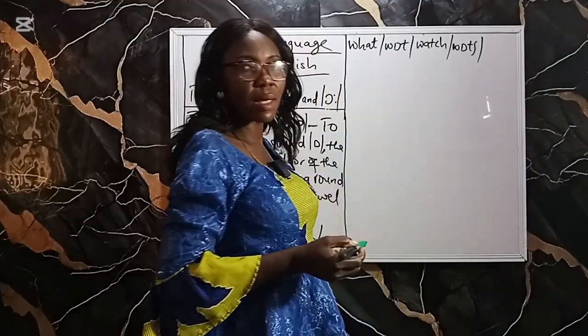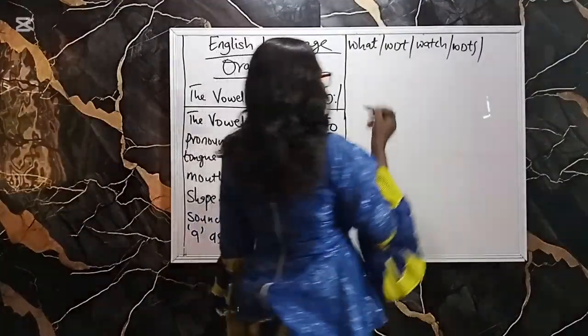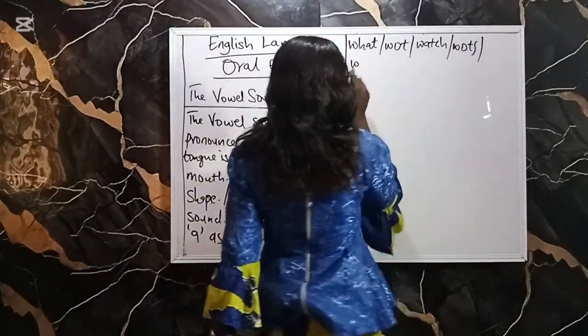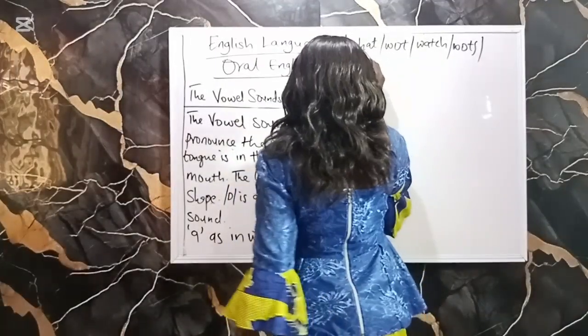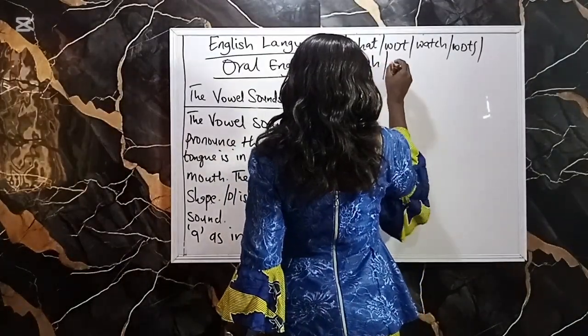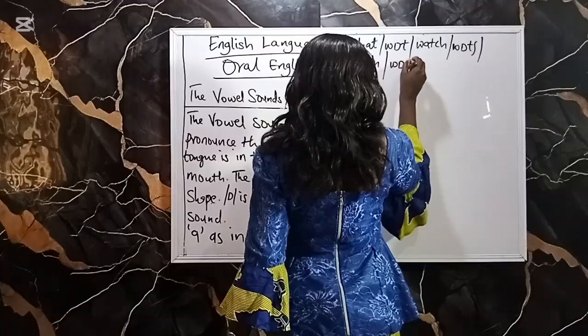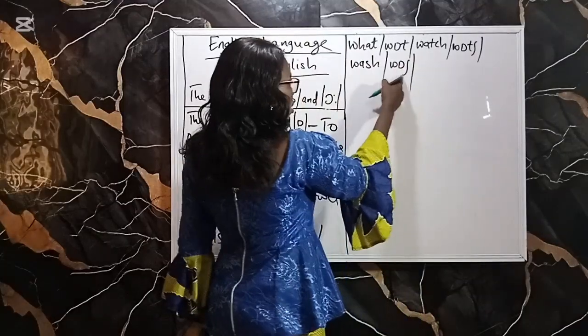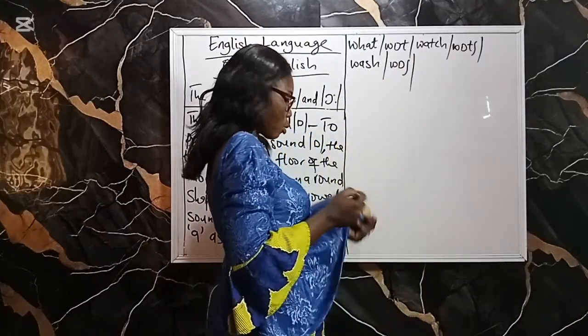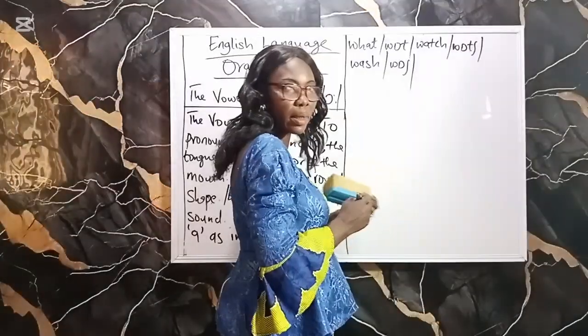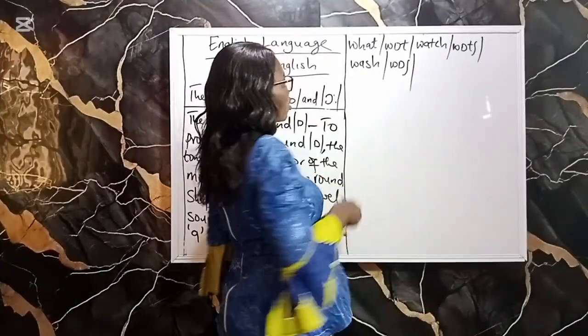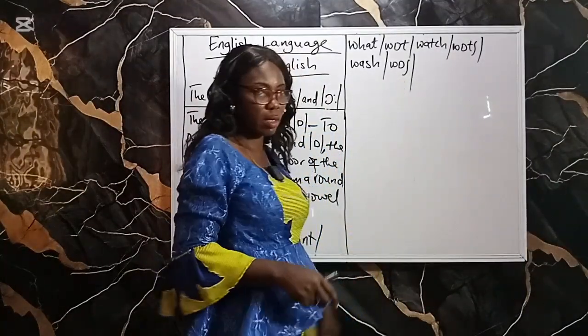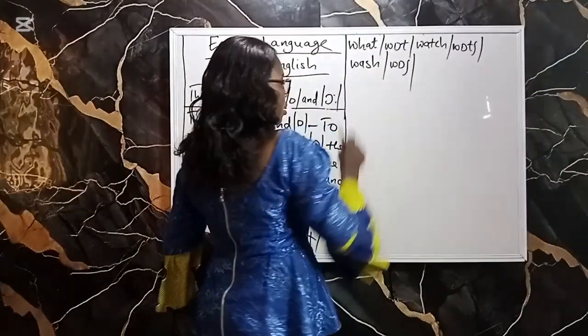Another place is wash. Now this is the sound here. As you want to ask somebody to stop making noise, you use sh. So that is wash. Okay, that's the sound, SH.